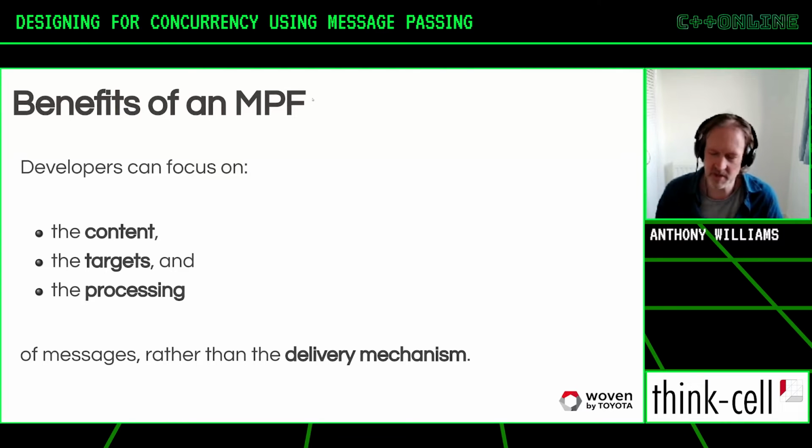You say, I've got this message, it's going to node A and node B. And then in nodes A and B, you say, when I receive this message, this is how I want to process it. You don't want to have to think about how the message gets there. You just want to code up where it's going, code up what it is, code up how to handle it. Don't care where it came from, don't care how it got here, want to know, how do I handle this message? Framework takes care of the delivery mechanism.